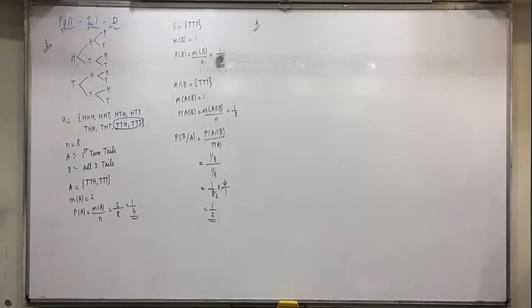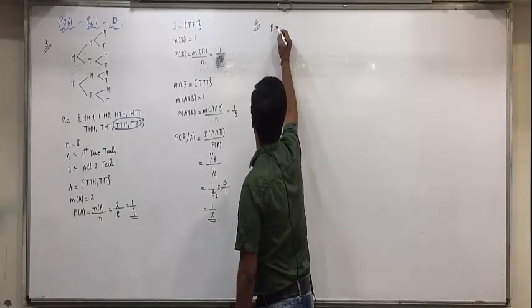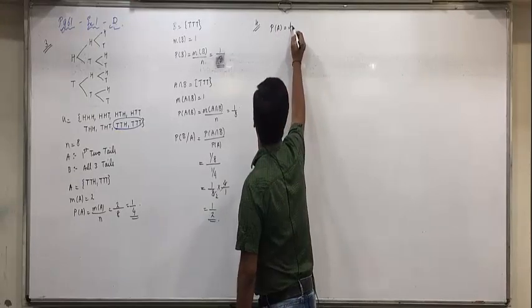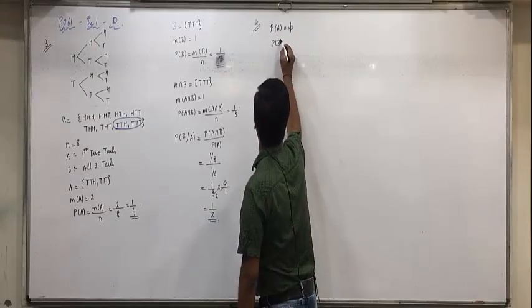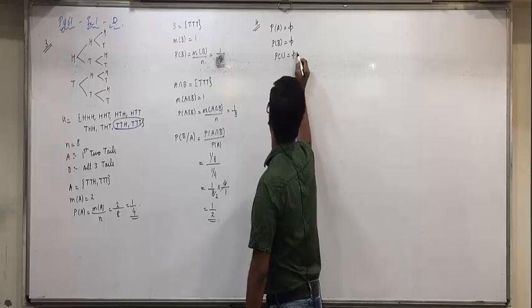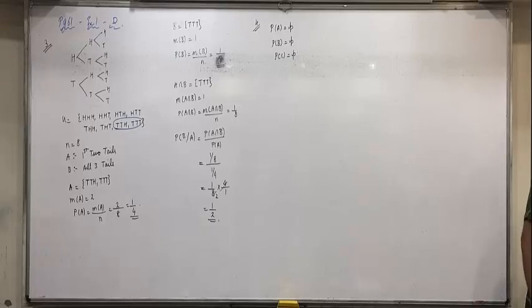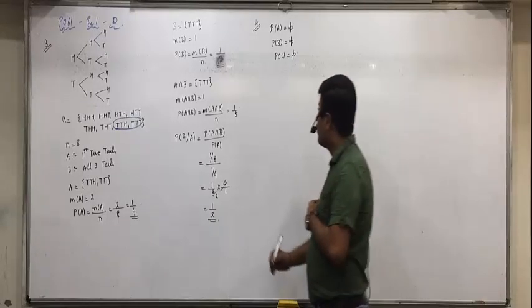And P of A equals P of B equals P of C equals P. Write down, P of A is also P, P of B is also P and P of C is also P. Now find the value of A union B union C in terms of P.